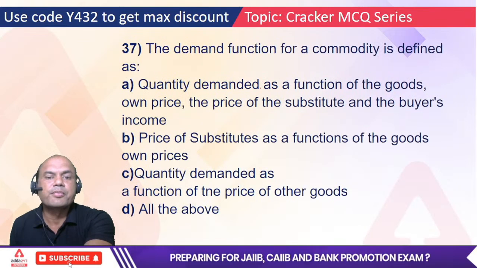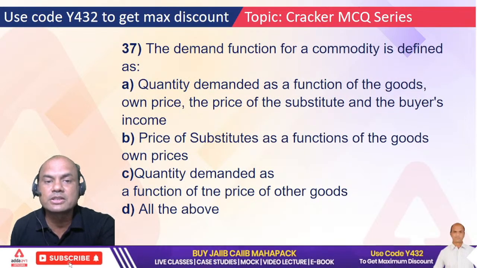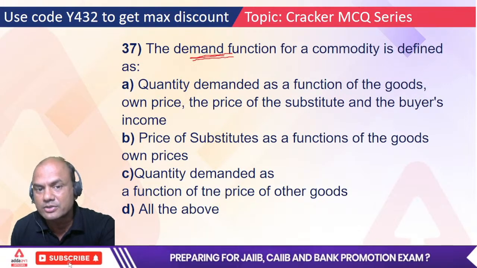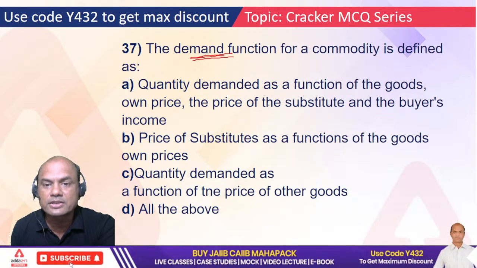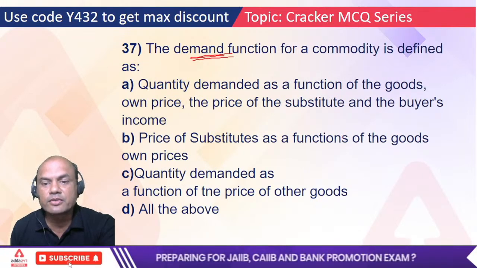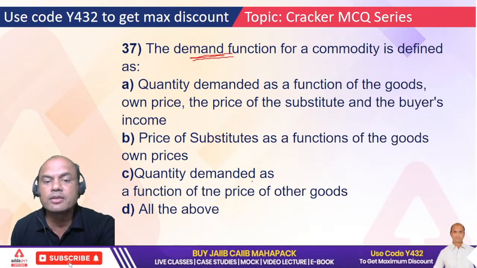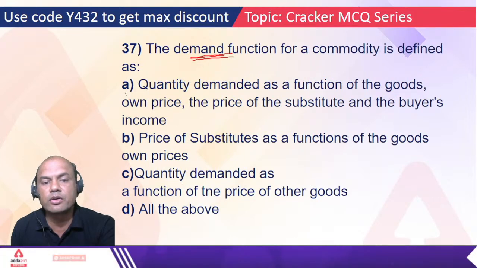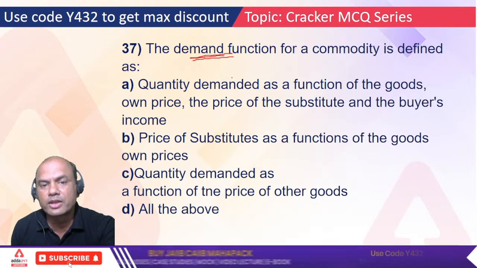The demand function of a commodity is defined as, so what is the demand function? Remember, the law of demand is different from the demand function. Understand this. Quantity demanded as a function of the good's own price, the price of substitutes and the buyer's income. Remember this, many of you might not know this.